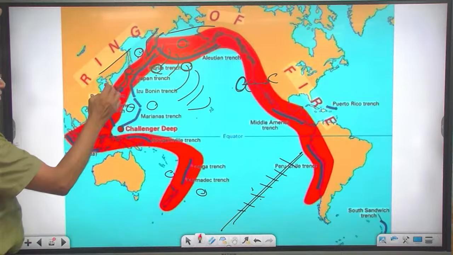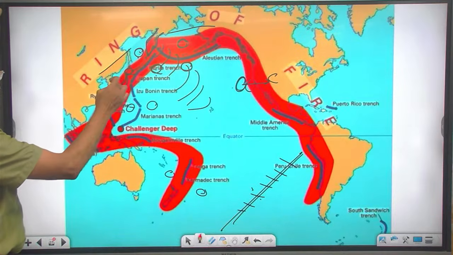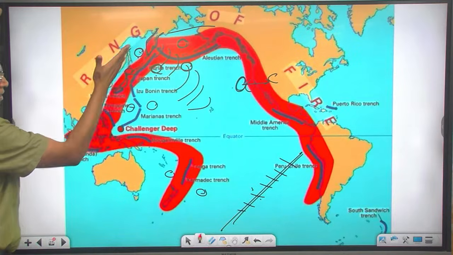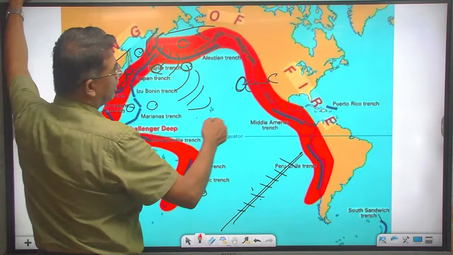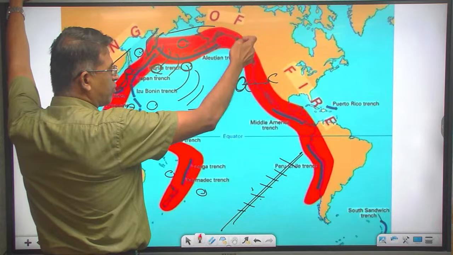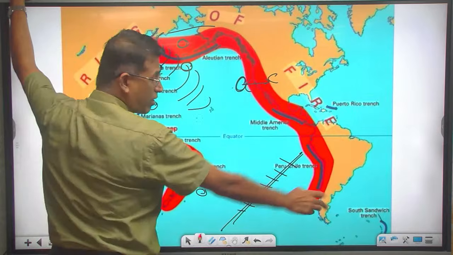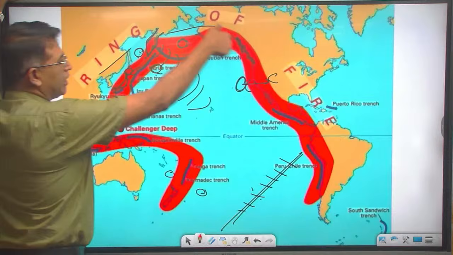So this is the OO collision, with islands and the marginal seas. On this side are OC collisions, which have no islands, but have volcanism along the edge of the continents. And this is the entire Ring of Fire.